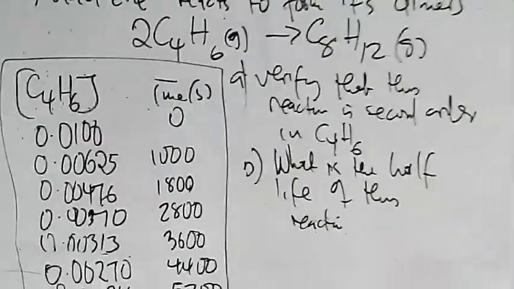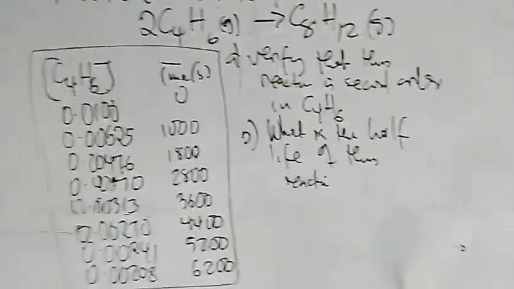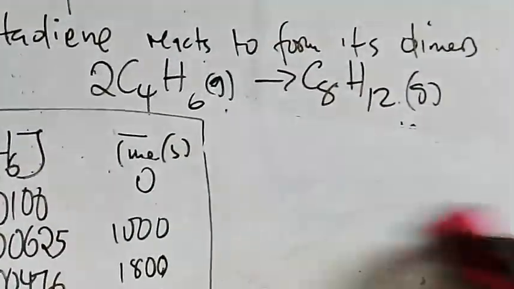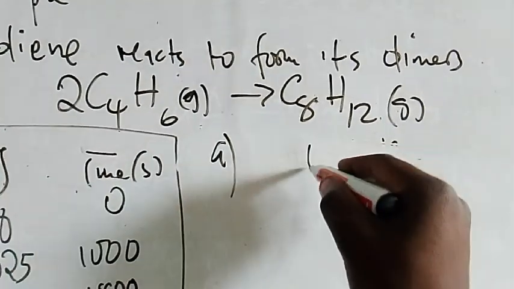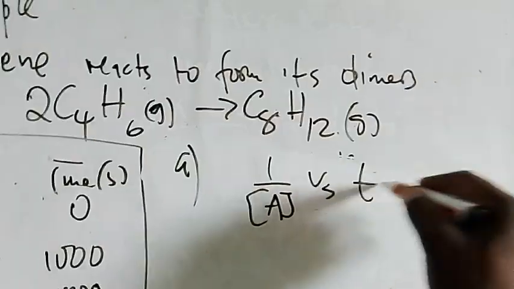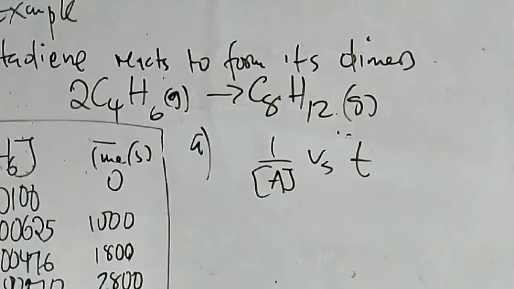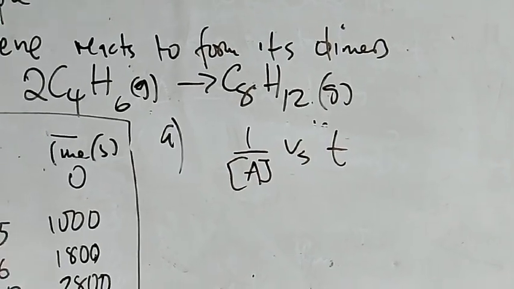Now to verify that the reaction is second order, we need to plot a graph of 1 over A against T. That should give us a straight line.